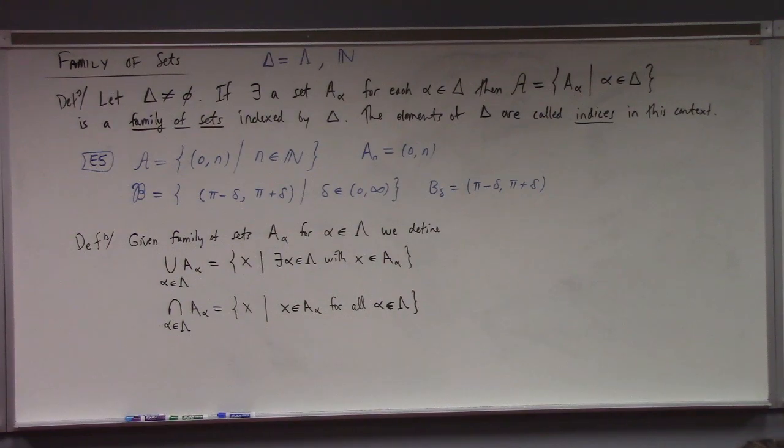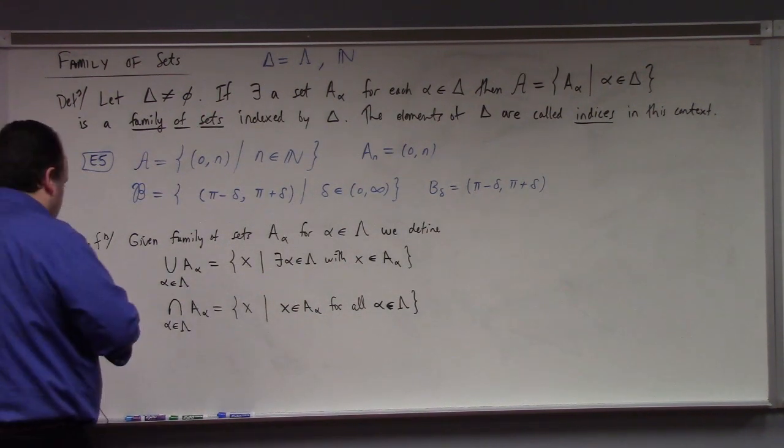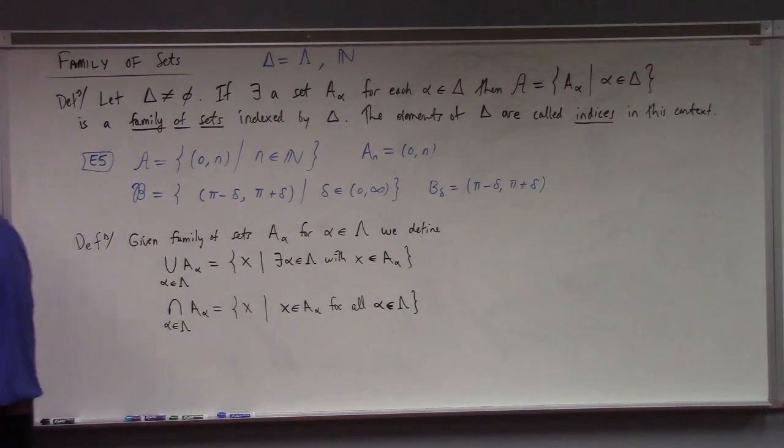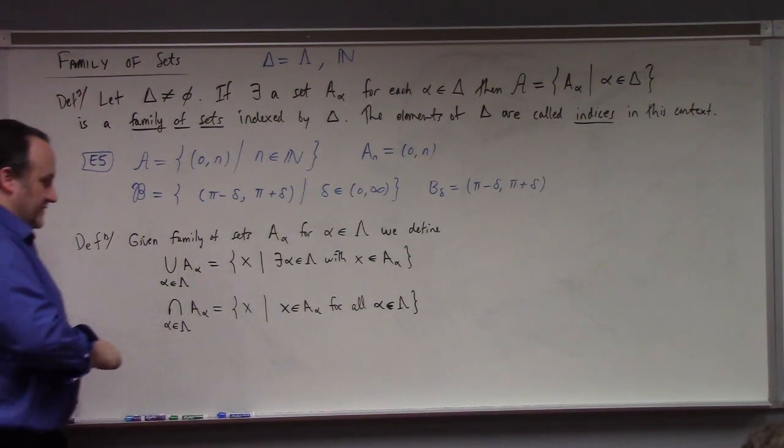It's so commonplace in mathematics to have the case that the index set is the natural numbers that we have special notation for that case. Let's write that down while we're at it. Special notation, special case.